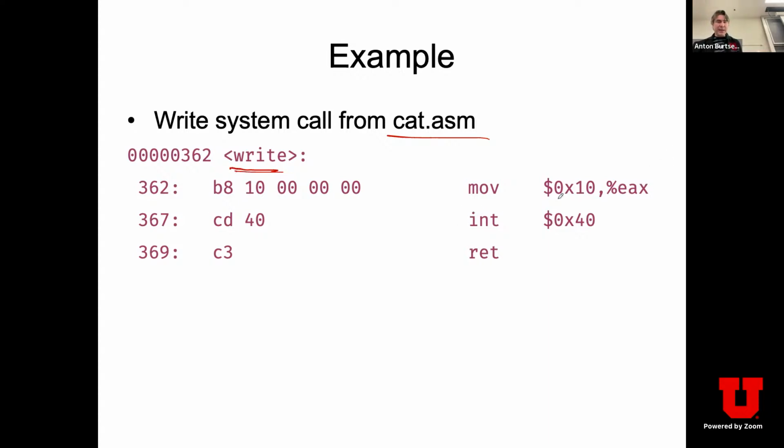And which says, okay, I will move, it's 0x10, so probably 16, into the EAX register to say that the user tries to call system call number 16, right? Which is the right system call, and then invoke int 0x40, right? And at this point, you transition into the kernel.